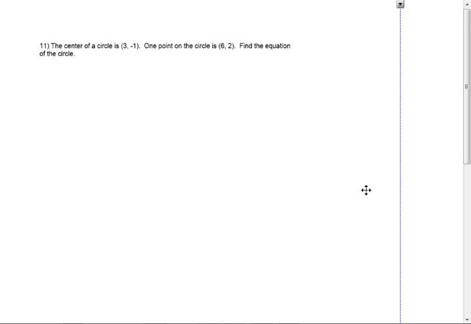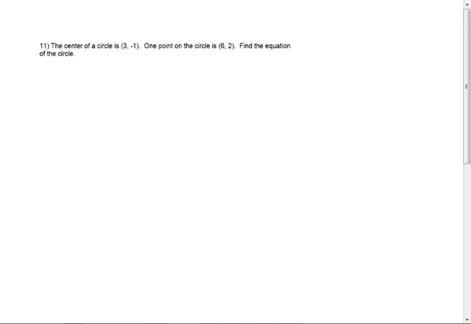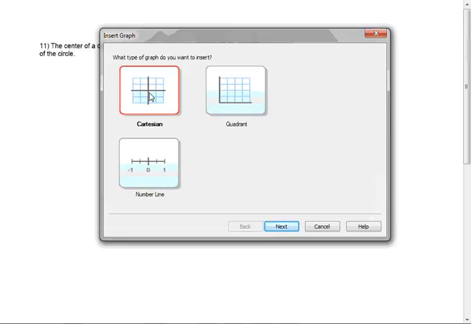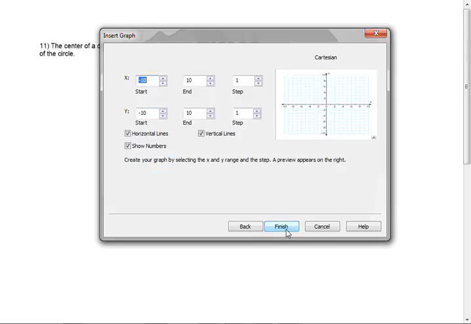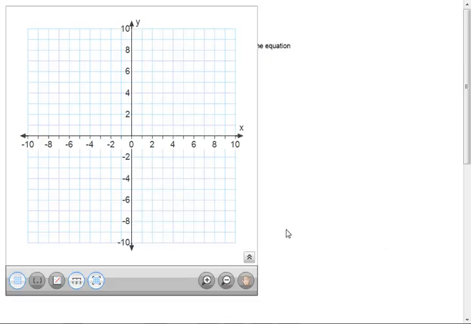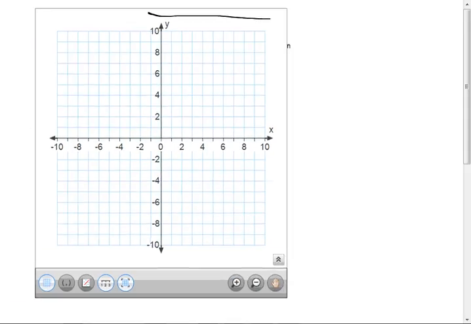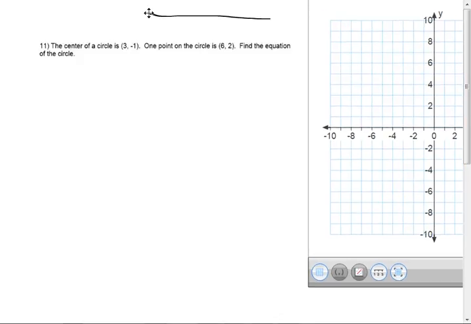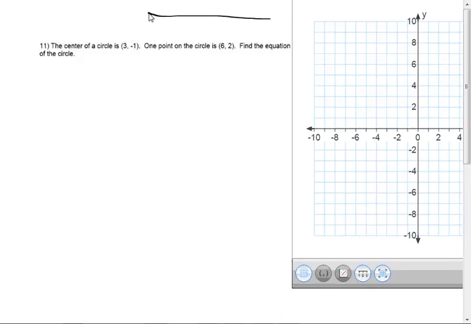It says, and if you don't know what to do, draw a picture. Center of a circle is 3, -1. Okay, this is at 3, -1, about there.